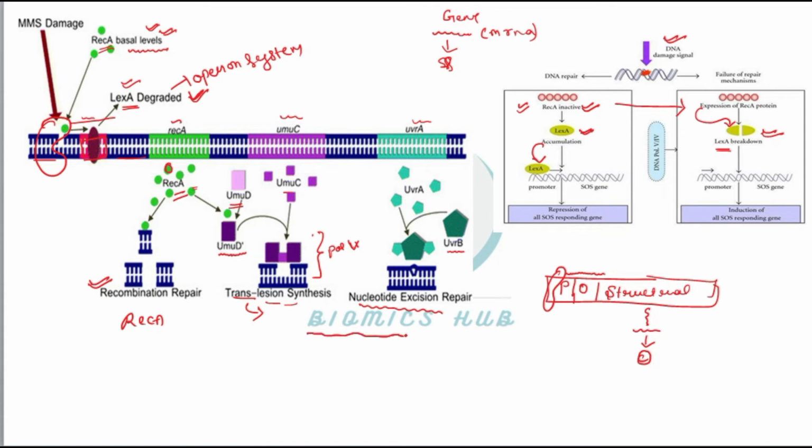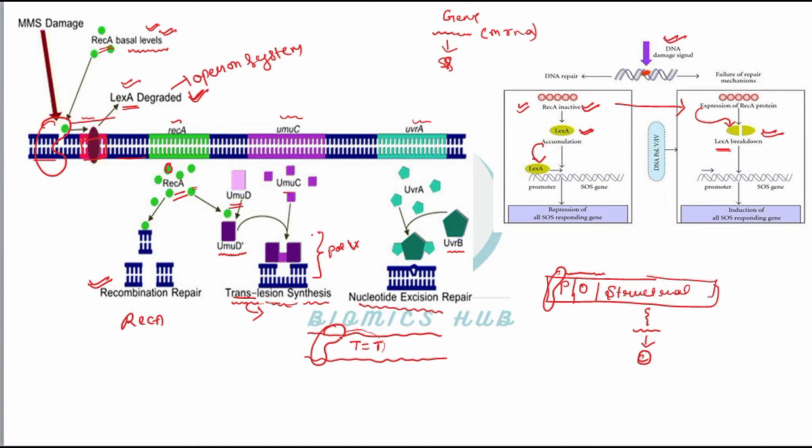What happens in a normal DNA? There will be formation of a dimer, that means a TT dimer. In this case, the DNA polymerase which is present cannot cross this portion because it is bulky now; it cannot cross easily. So during this time the translesion type of repair system is activated.